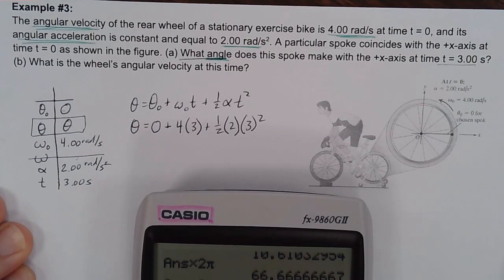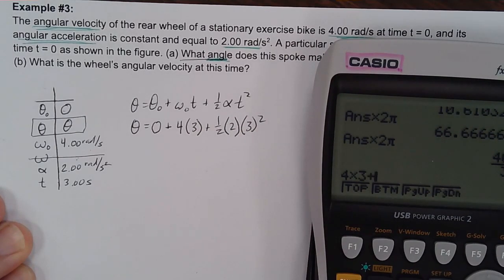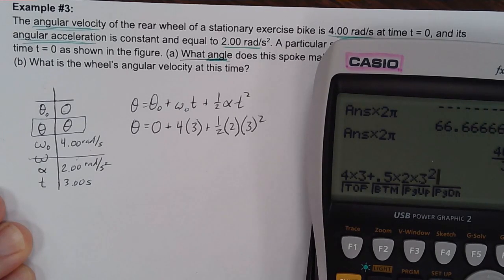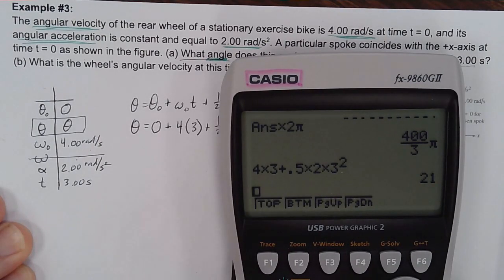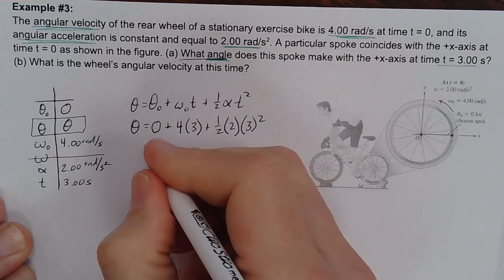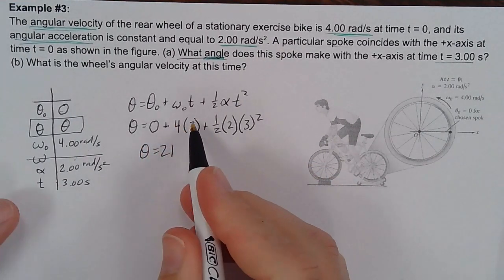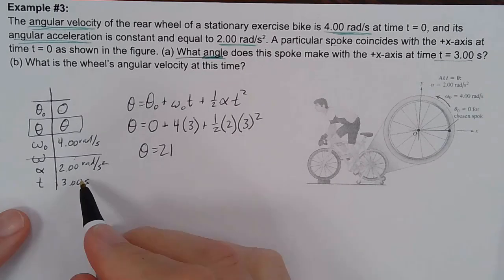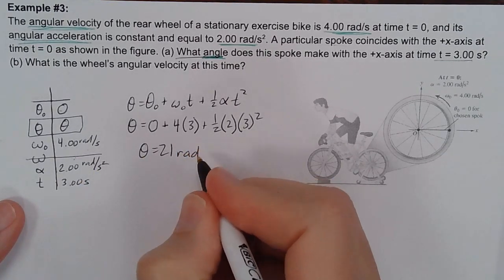I go 4 times 3 plus 1/2, which is 0.5, times 2 times 3 squared. And I push enter and I get 21. All right, so theta equals 21. Now, because I used radians and radians per second and radians per second squared, the angle will be in radians.